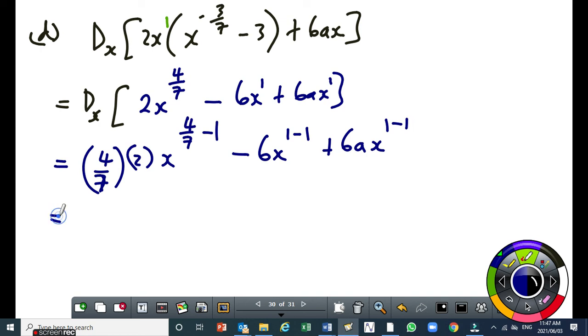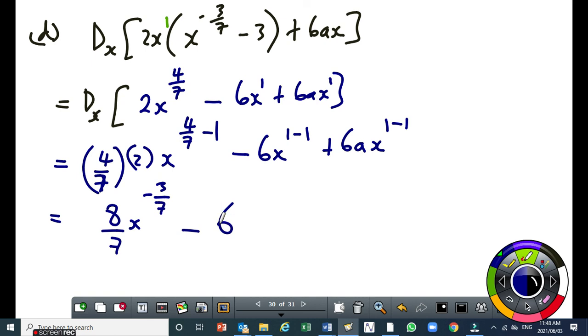Then let's simplify. 4 times 2, that's 8, so we get 8 over 7 x to the power of, now that one will give me minus 3 over 7. Okay? Then minus 1 minus 1 gives me 0, x to the power of 0, that's 1. 1 times minus 6 gives me minus 6.